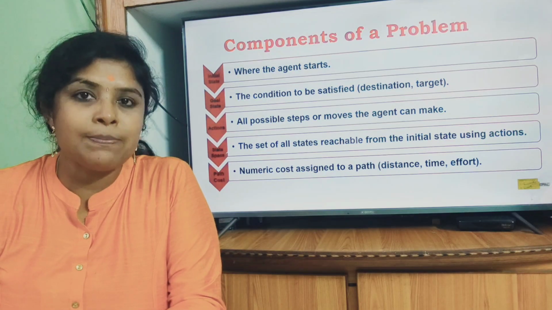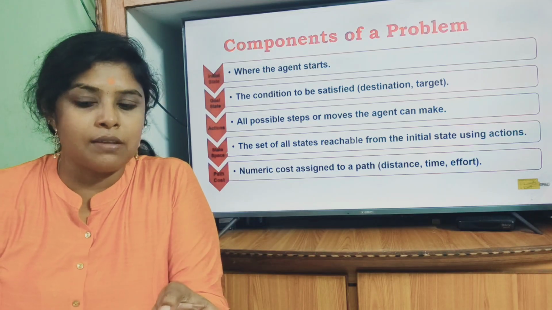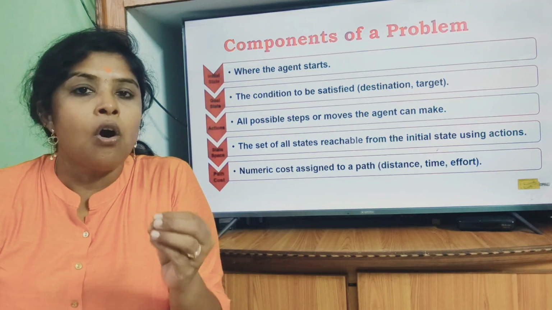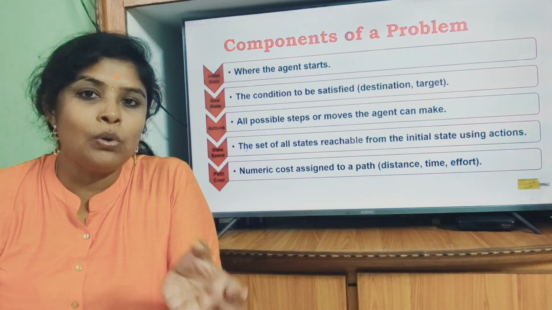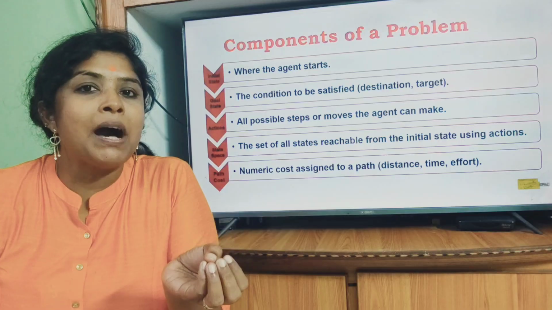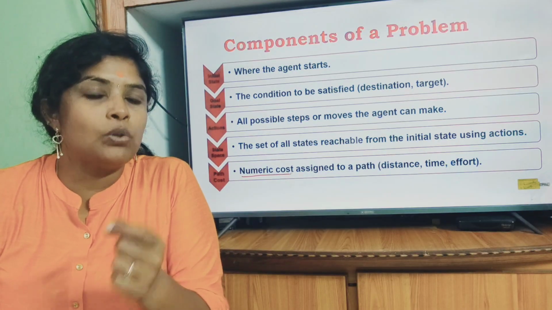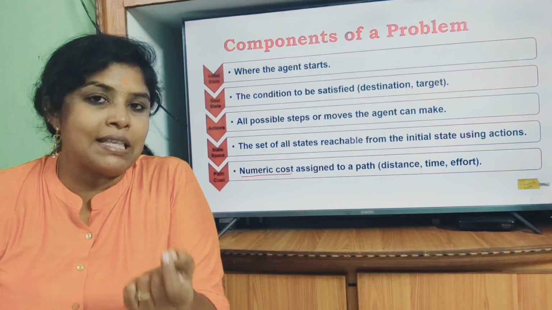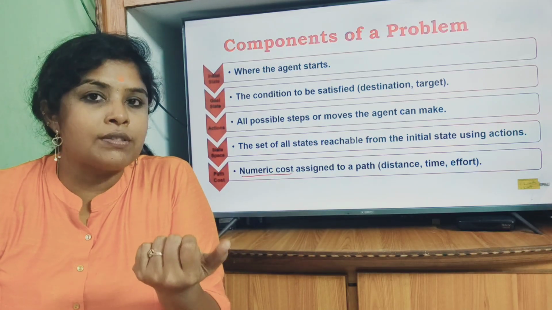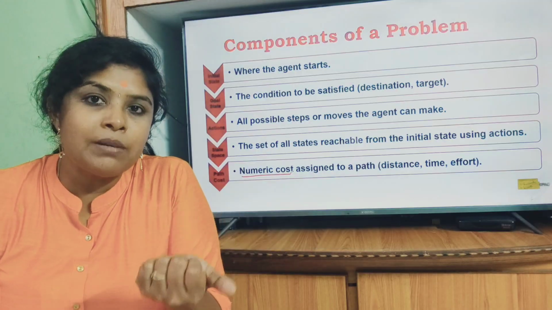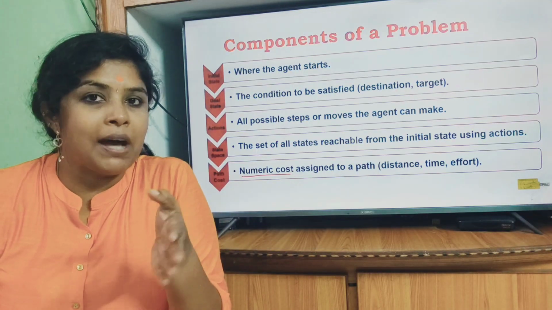And the state space means it is the set of all possible outcomes, or all the possible moves which the agent can do to reach the goal. And the path cost means it is the numeric cost assigned to the path. Like for example, if you consider a traveling salesman problem, the fuel cost or the distance traveled by the salesman, all those will be considered in the path cost.